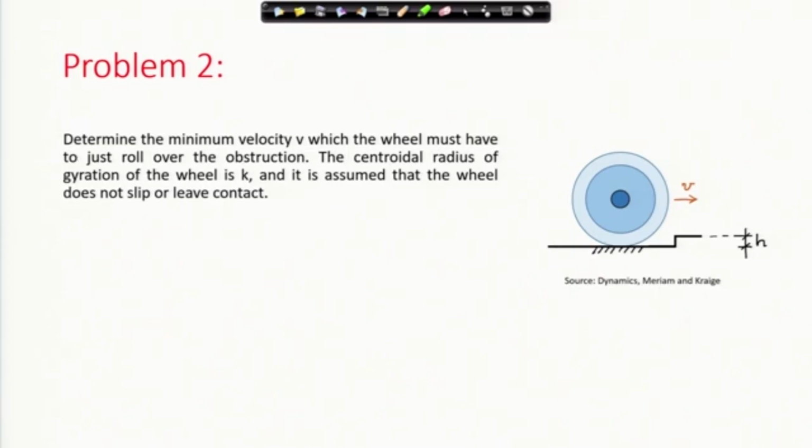Therefore, we are working under this assumption that the wheel after hitting the curb just rolls over. There is no slipping at that corner or no jumping of the wheel, no loss of contact.